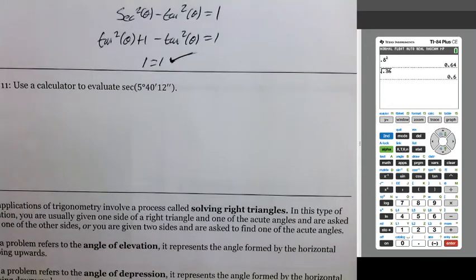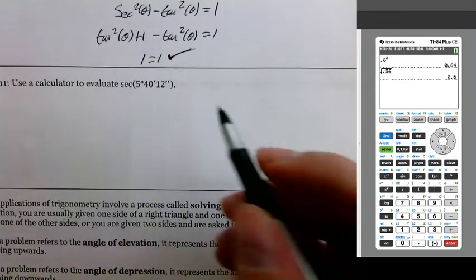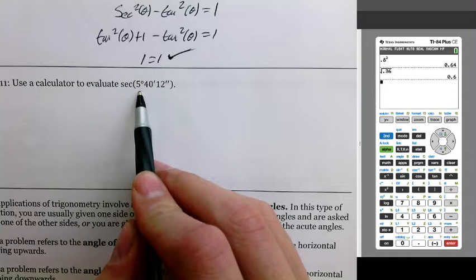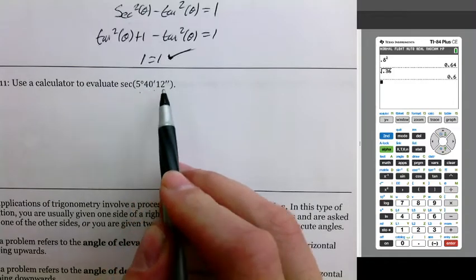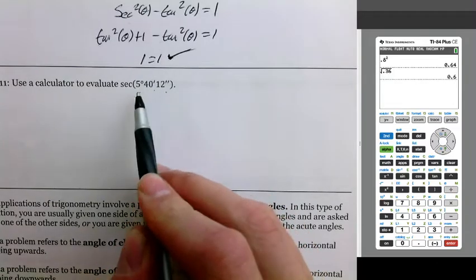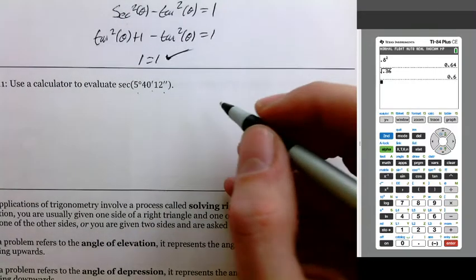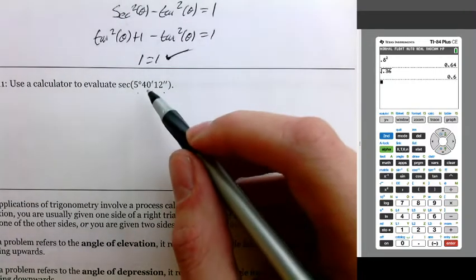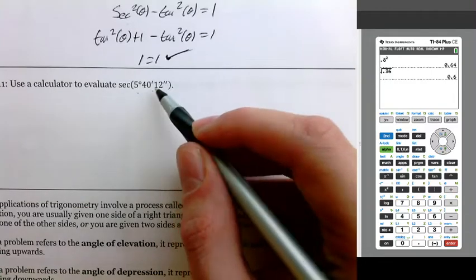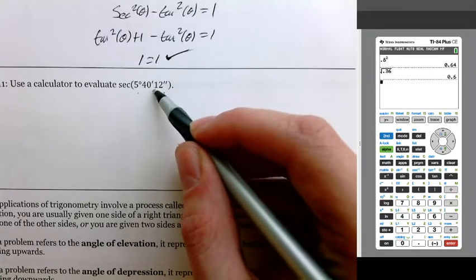Now for 11, we're going to evaluate this angle. Okay, so this is 5 degrees, 40 minutes, 12 seconds. So let's convert this into all degrees. Now one thing you need to know is that there are 60 minutes in a degree and 60 seconds in a minute.